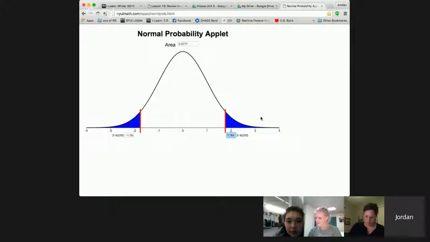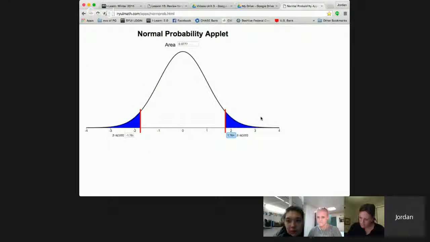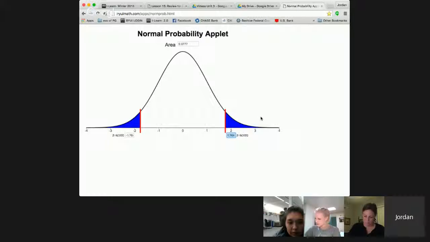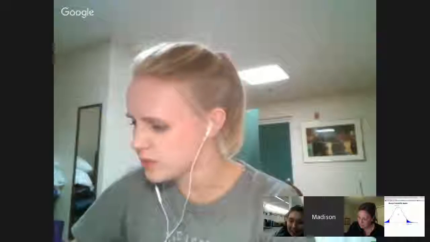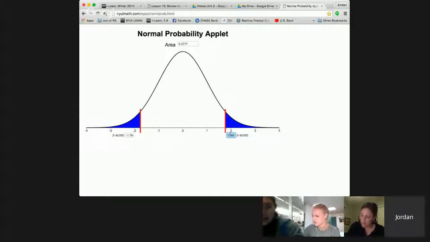So what did you get, Jordan? I have it on my screen, but it's 0.0777. I don't know if I shaded correctly. I'm guessing that you did not shade correctly. I got 1.76 for the Z-score, and then you've got to go to the applet.